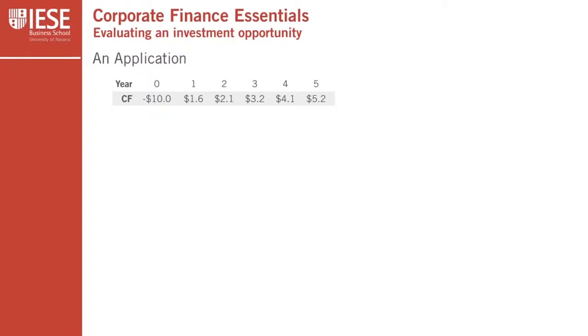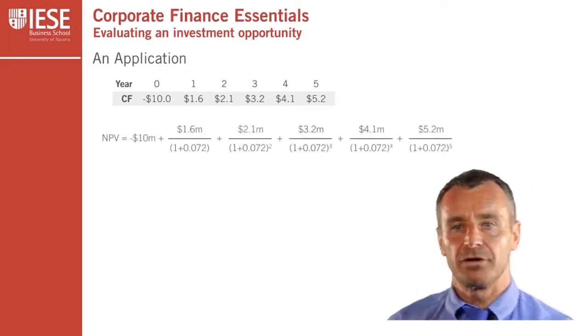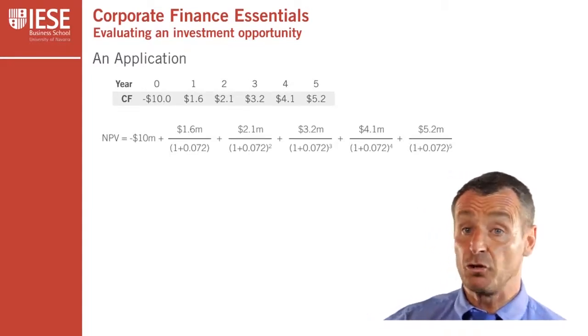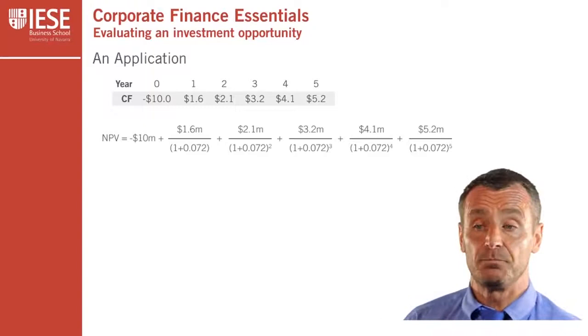Back to the numbers. We're going to keep that table there just so that you keep in mind the initial investments and the cash flows that you expect to make. That is the NPV calculation. I'm putting all the numbers at once there. So remember, we have an initial cash flow that we don't discount because that is money that we need to put down today.